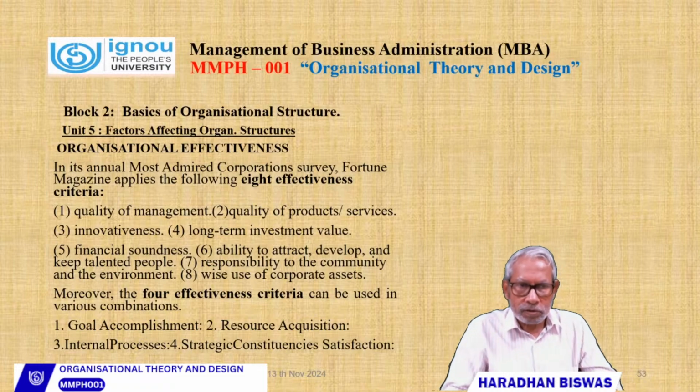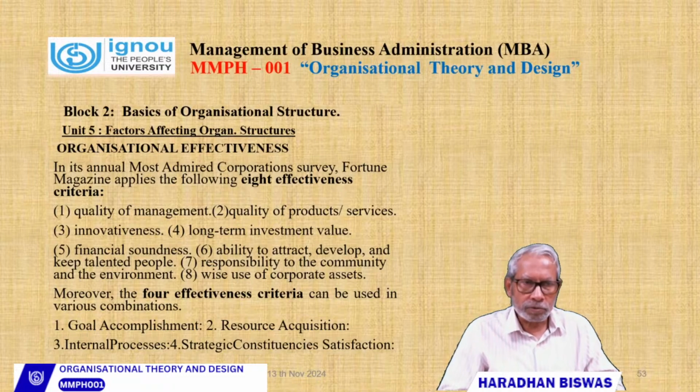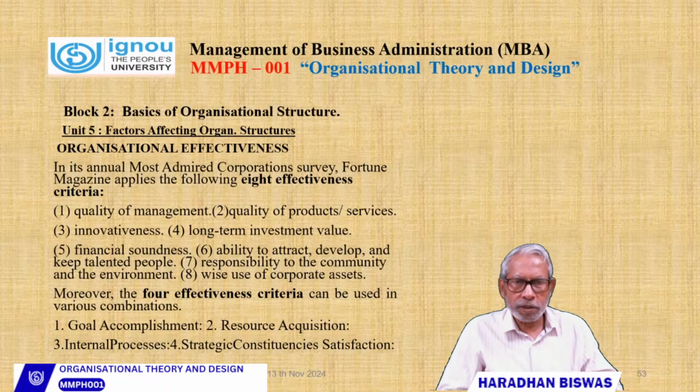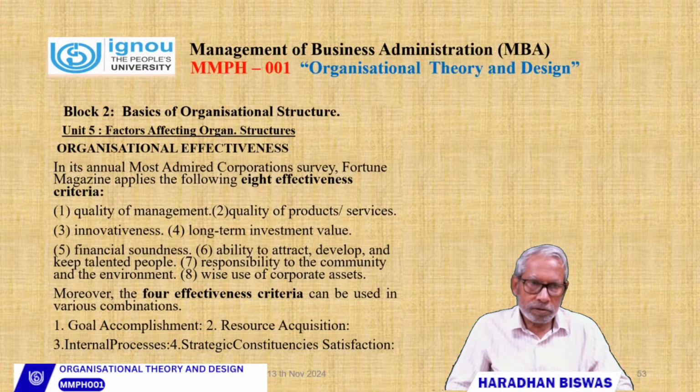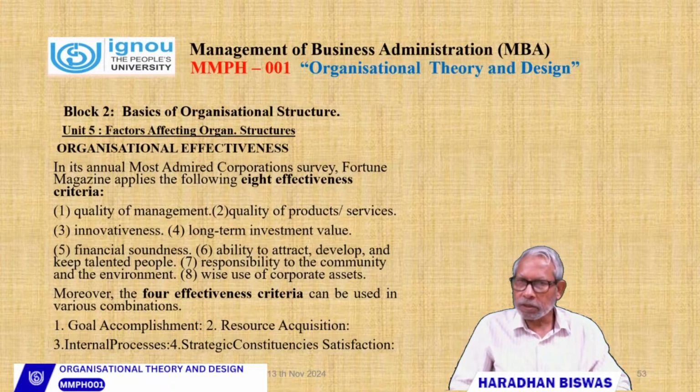You should have a sound financial background, ability to attract, develop, and keep talented people. I mean, they retain the people. Responsibility to the community and the environment. That is another part of effectiveness. Wise use of corporate assets. What are the assets? Waste management, we can say. So there should be a waste management policy.